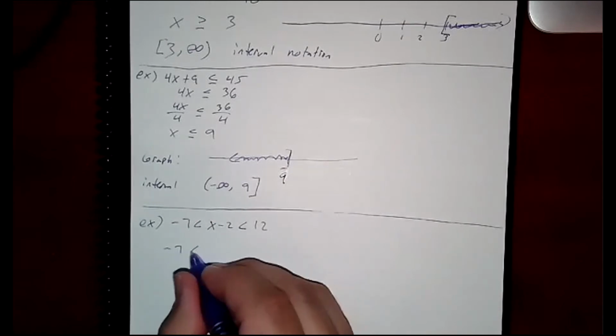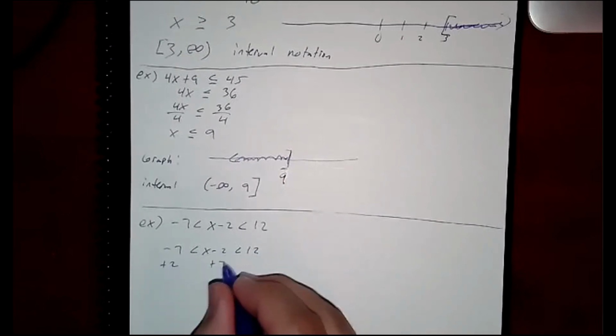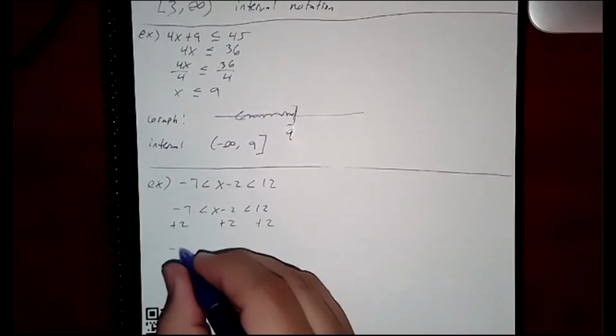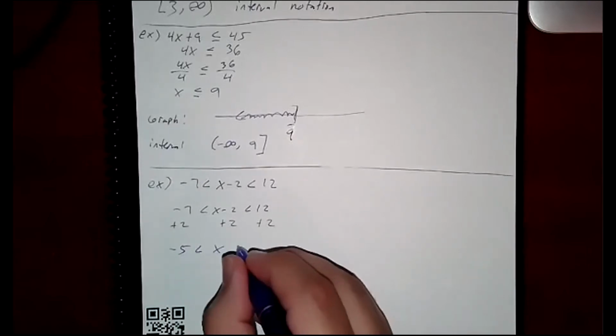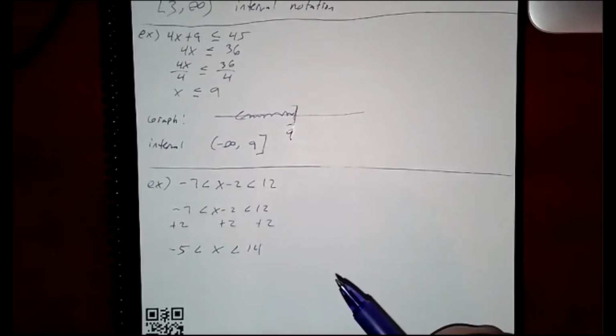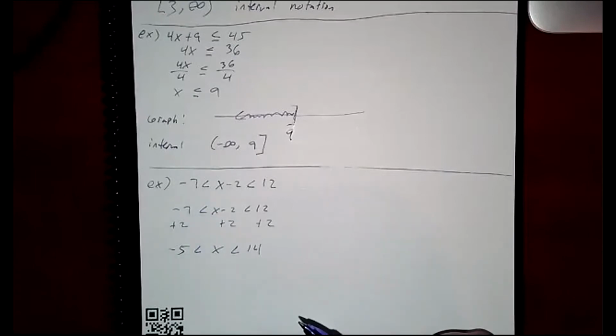Let's show our work here. +2, +2, +2. Then that gives me -5 less than x, which is less than 14. See, these 2's canceled. This became 14. That became -5.